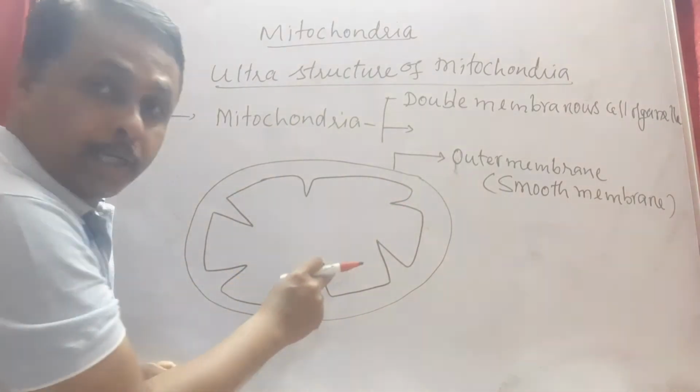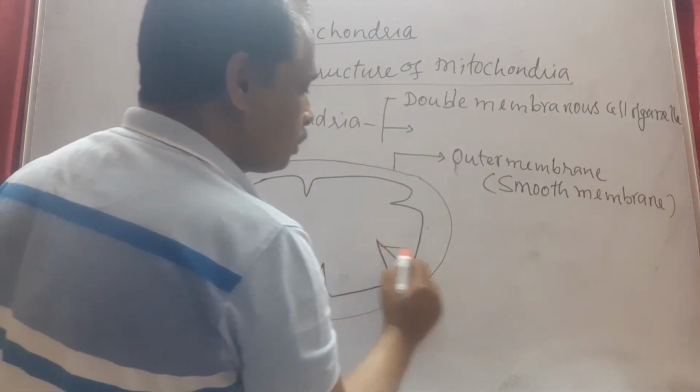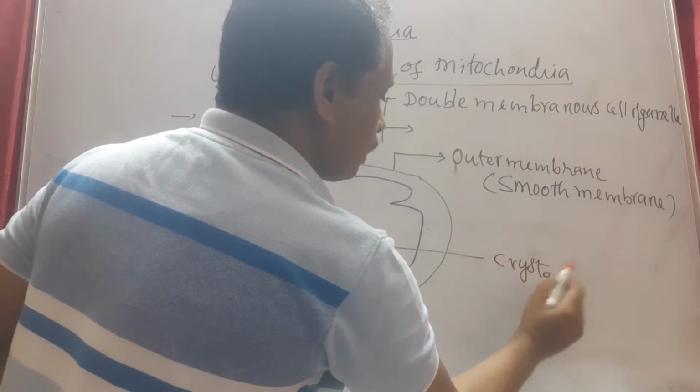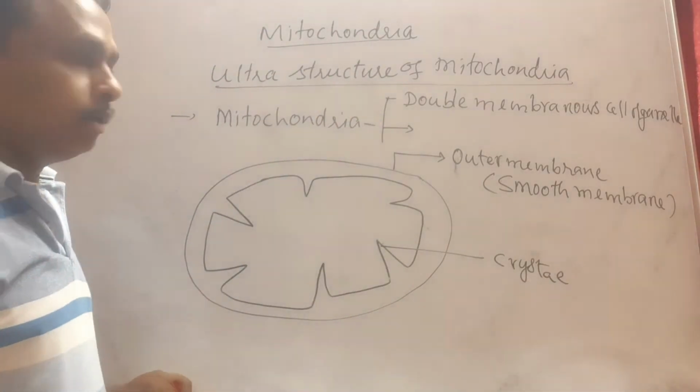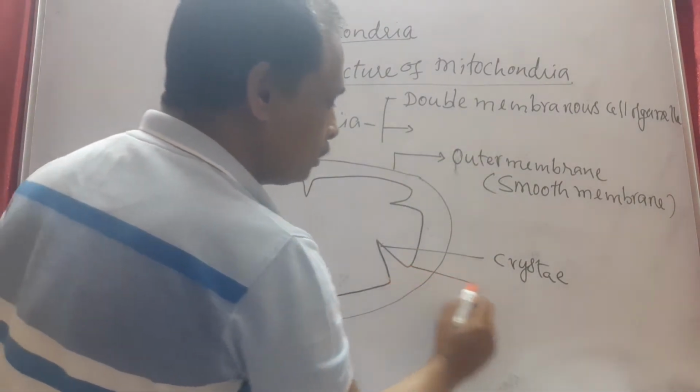These tubular infoldings of the inner membrane are named as cristae.